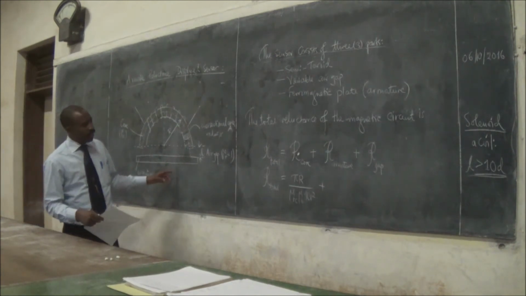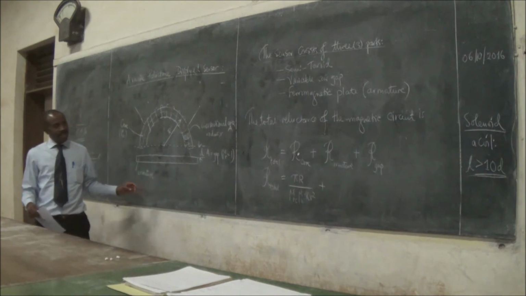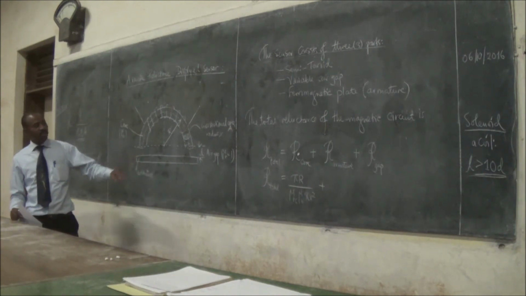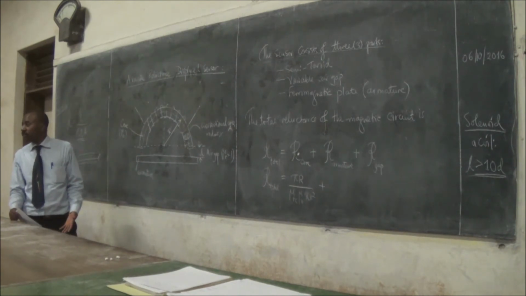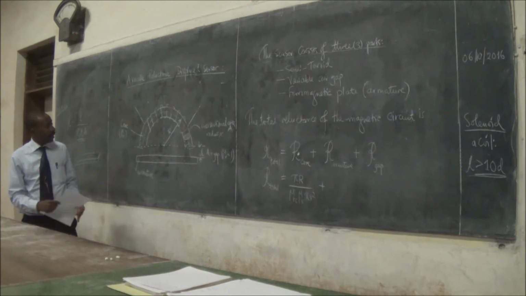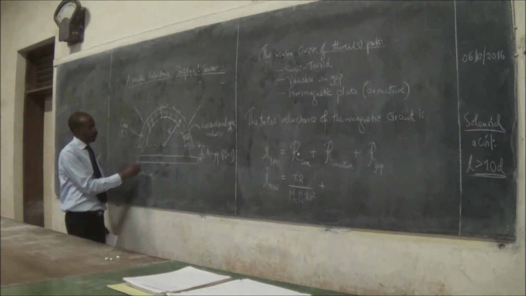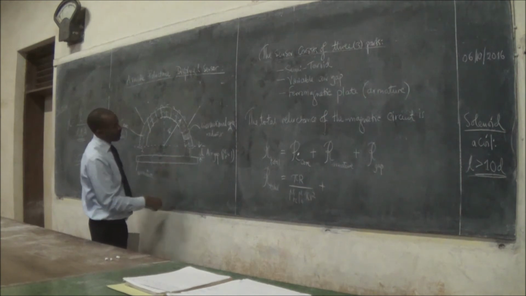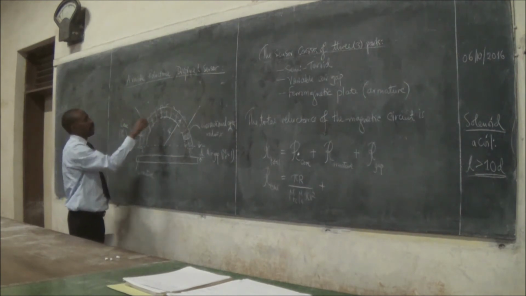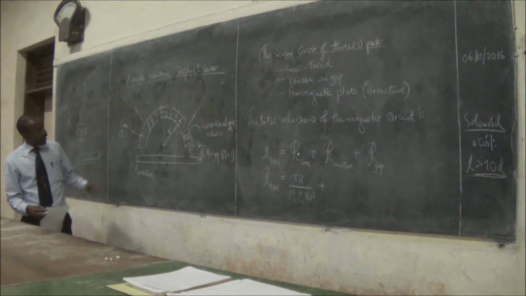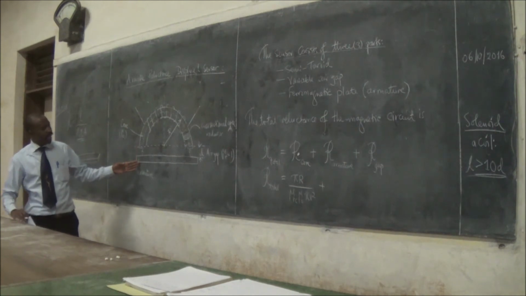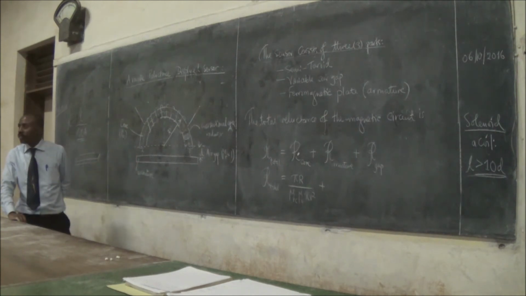What is the length of our armature that is interacting with the field? Because this is the direction of the field. The field comes down like this. So what is the part of the armature that actually interacts with the field? What is its length?